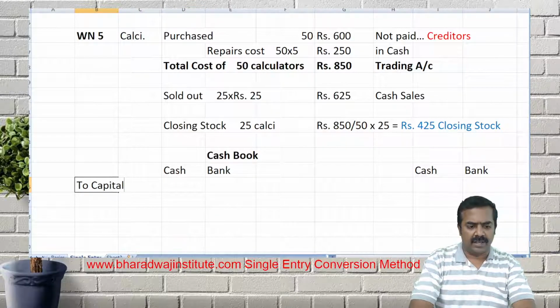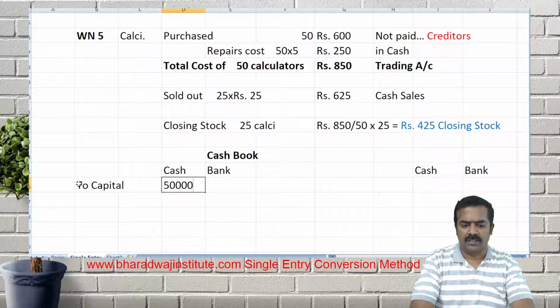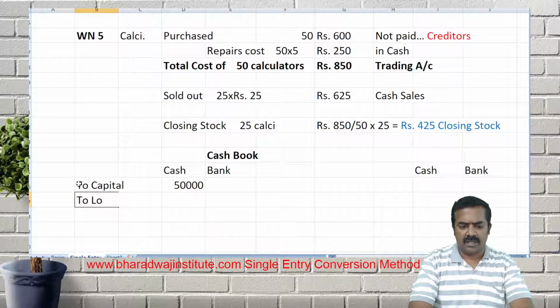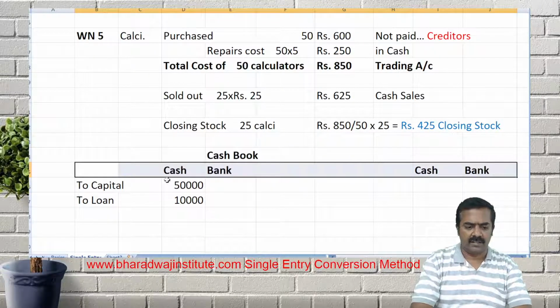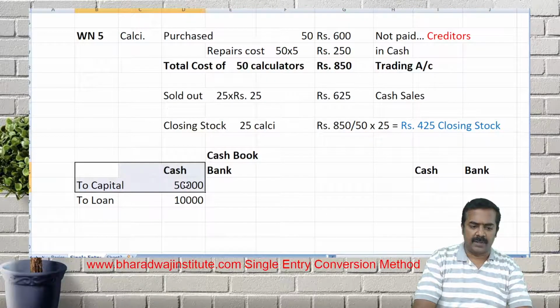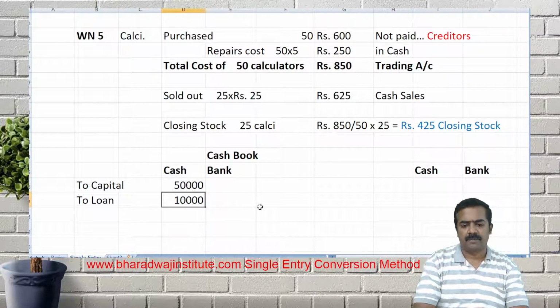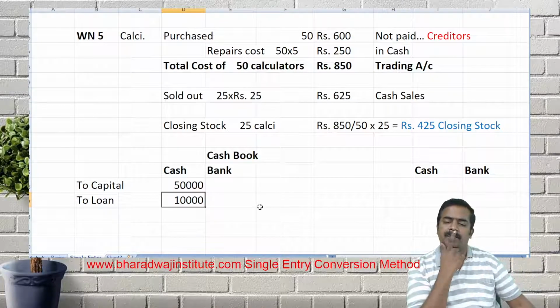To capital, cash account debit to capital, first how much are they bringing? 50,000. Cash account debit to loan from friend, how much is there? 10,000. Journal entry is, wherever there is a doubt, pass the journal entry. Cash account debit to capital, cash account debit to loan. 60,000, what are they saying?